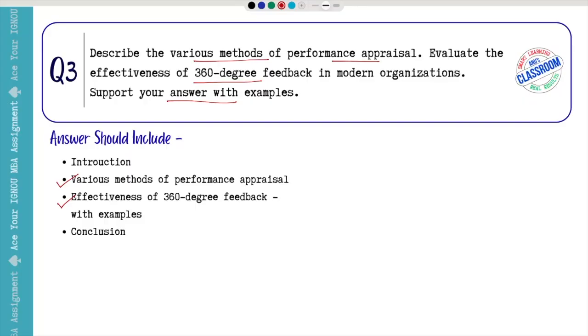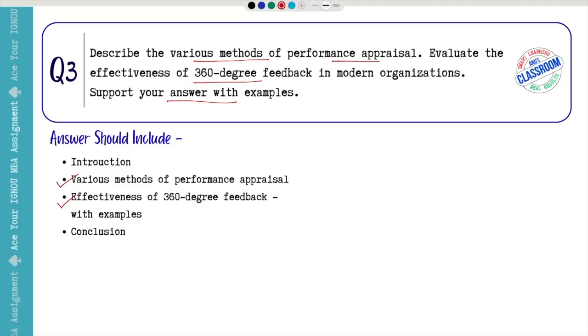Now, organizations have several tools in their appraisal toolkit, and each works best in different scenarios. What are the various methods of performance appraisal that you can think of? If you have read MMPC2 at least once cover to cover, or if you have seen the rapid roundup video of MMPC2 that we have in the channel, maybe you will be able to answer it.